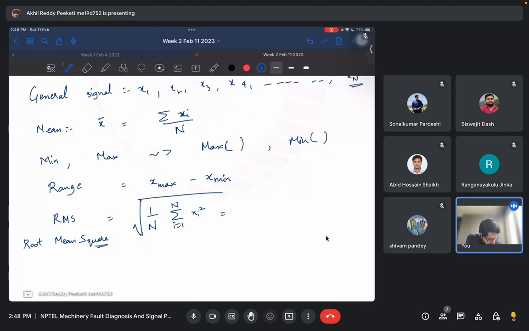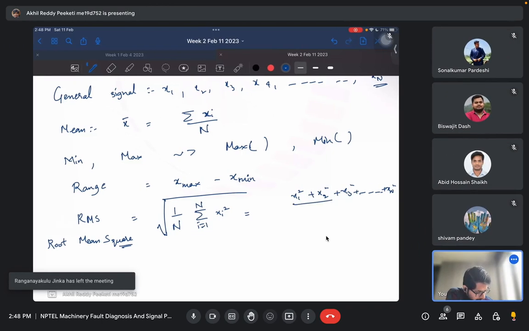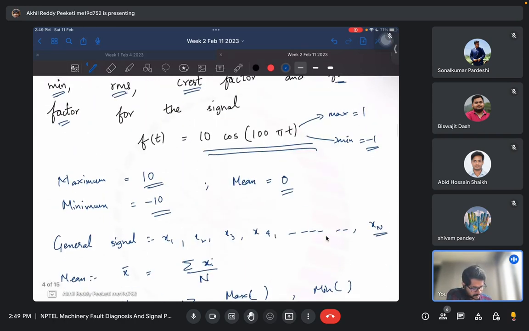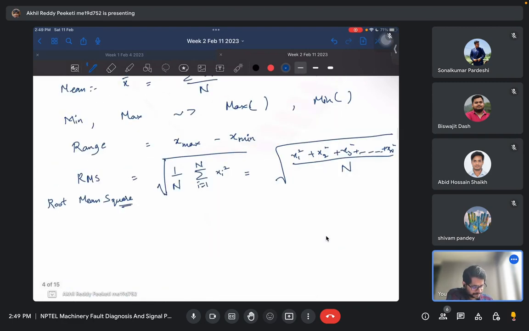So x1 square, x2 square, x3 square, and so on, and then mean them. So sum up all of them and divide by the number of data points. That is the mean, and then take the square root of that. So that is what RMS means: root mean square. Okay. So now what is the RMS for cos function?